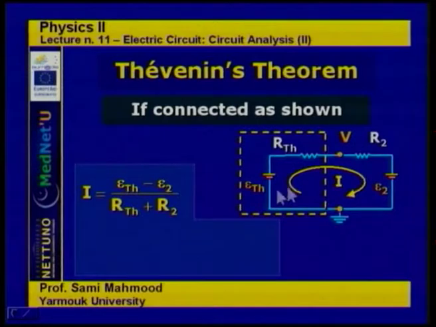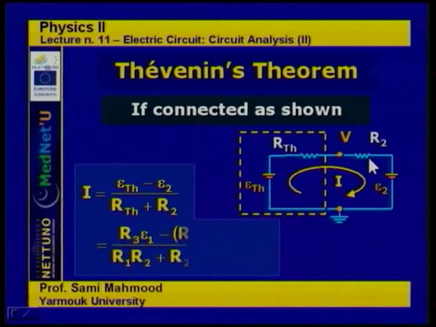The current that flows in the loop is simply epsilon Thevenin. We can go around the loop. Epsilon Thevenin minus epsilon 2, that's the total electromotive force around the loop, and we divide this potential difference, which is simply the summation of the electromotive forces taking into consideration the signs, by the total resistance, which is R Thevenin plus R2. So this determines the current, and this current is the current flowing through R2.